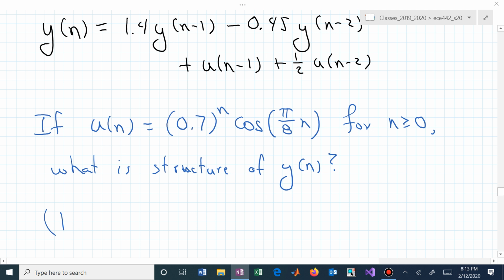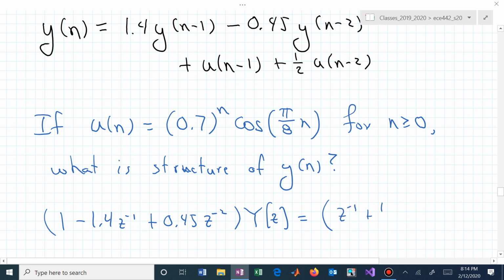going to pull everything to the y's on the other side, minus 1.4 z to the minus 1 plus 0.45 z to the minus 2, that's y of z, equaling 1 plus 1/2, 1 is scaled by z to the minus 1, plus 1/2 z to the minus 2 u of z.